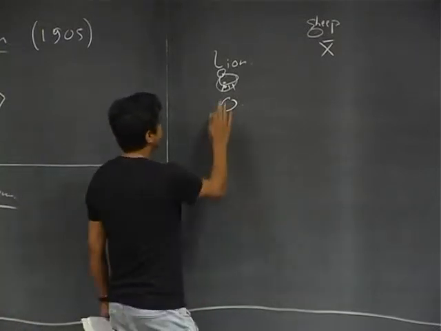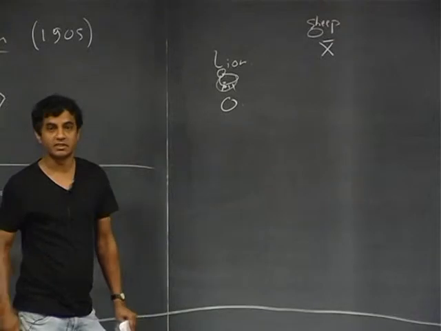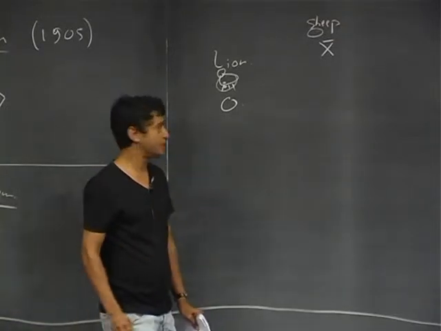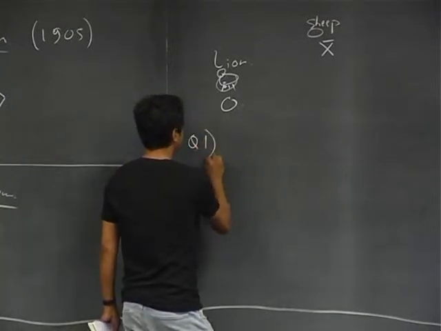So you can ask various questions now. From the point of view of the lion, the most interesting question is, of course, what is the probability that it will reach the sheep? So question number one.